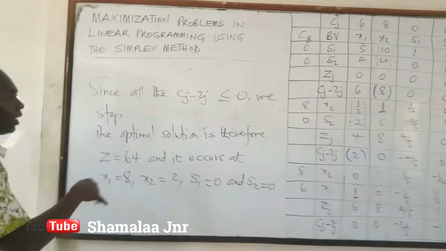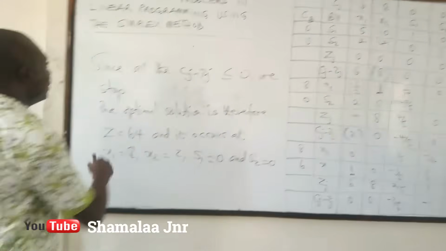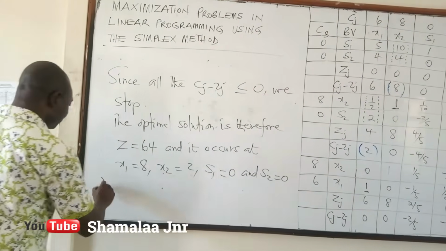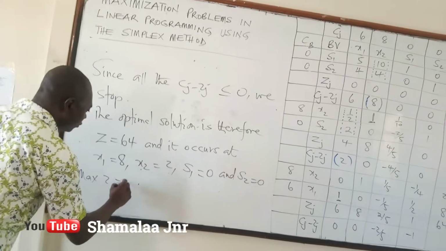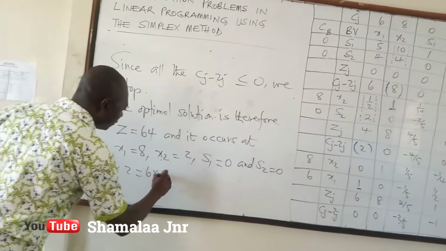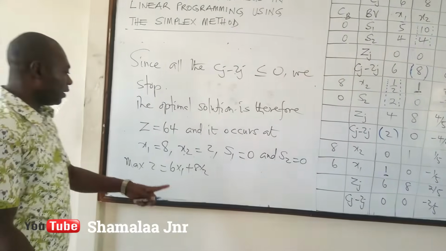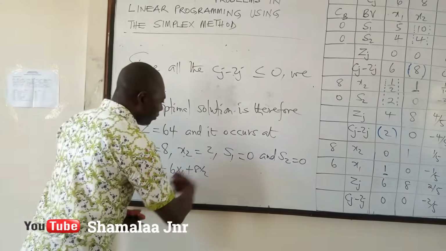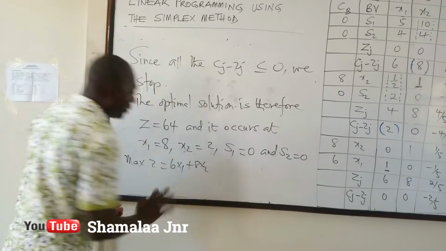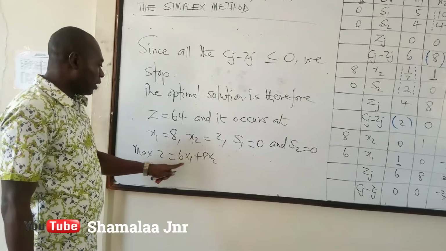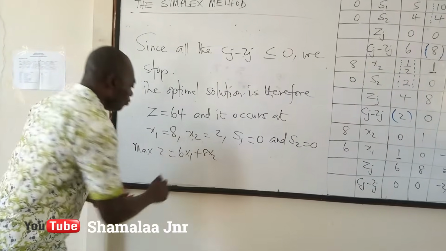Now let's check whether what you have done is right. The objective function was to maximize z equal to 6x1 plus 8x2. So let's do the substitution and see. When you put 8 here, you're going to have 6 times 8, which will be 48.